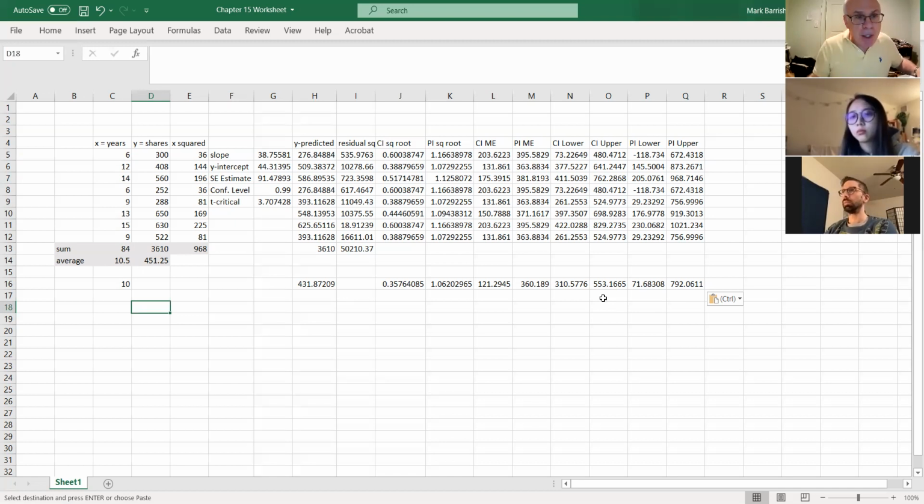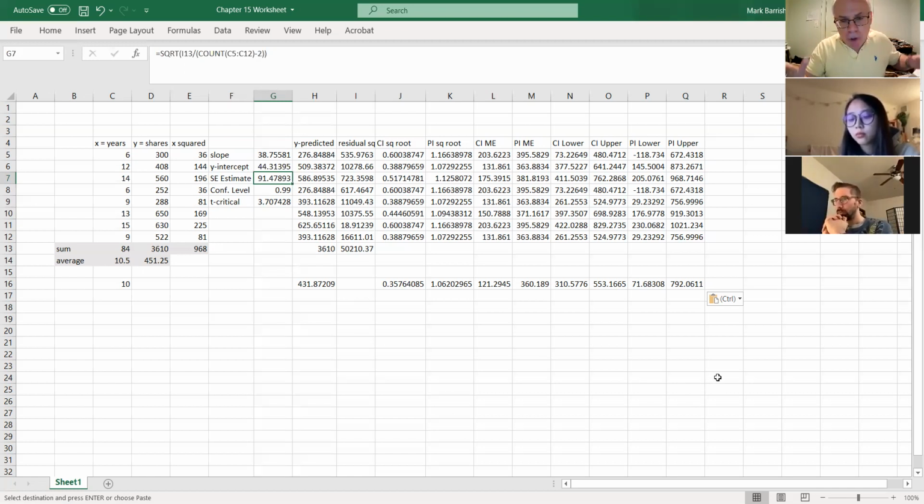The standard error of the estimate, that's G7 here. The confidence interval for the mean of y. And you have to remember the confidence interval is giving you an estimate for the mean of y, given a specific value of x, and the prediction interval is giving you a prediction for a particular value of y given that, not the mean, but a particular value for a particular person.